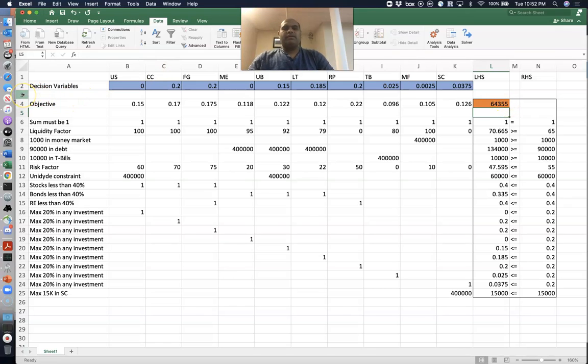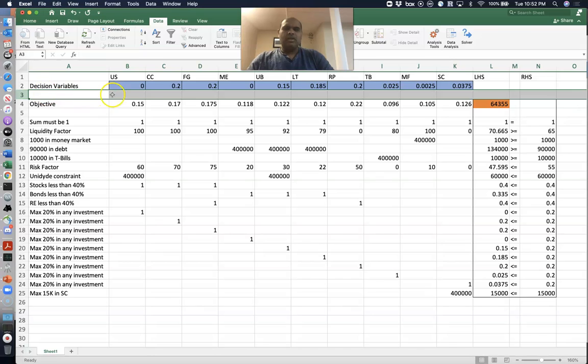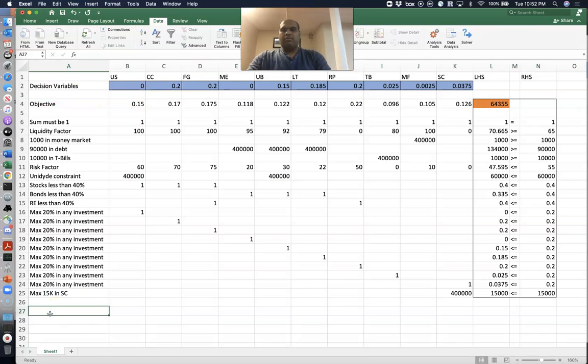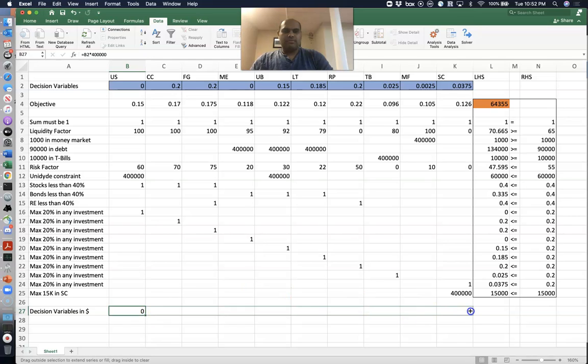Now let's say you want to calculate the actual value, the decision variables in dollar values. You can multiply each of these numbers here by 400,000. This will give you everything in dollars.